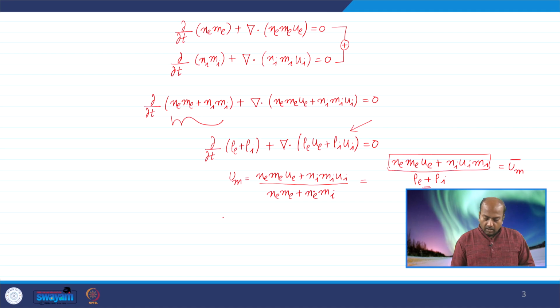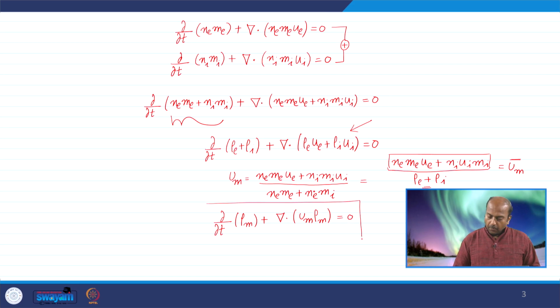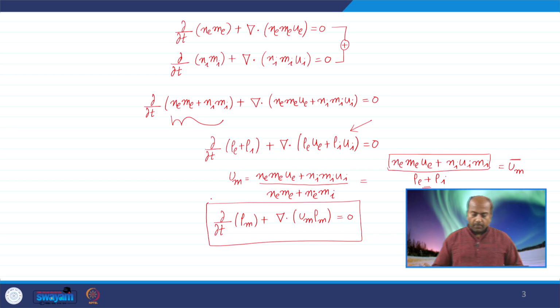So then we can write dou over dou t of rho m, the total mass density, plus del dot rho m times mass velocity is equal to 0. Okay. So what is this equation telling? The rate at which density is changing with respect to time is equal to the negative of the divergence of velocity times the density.